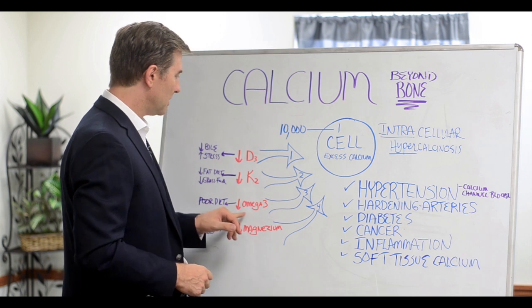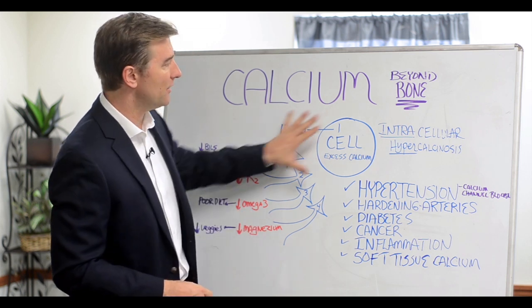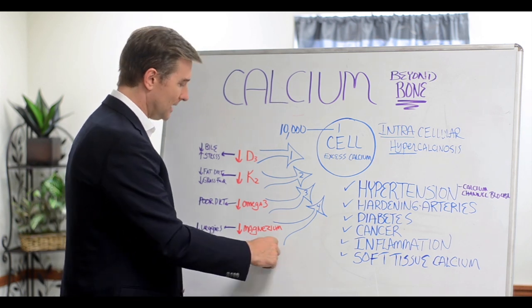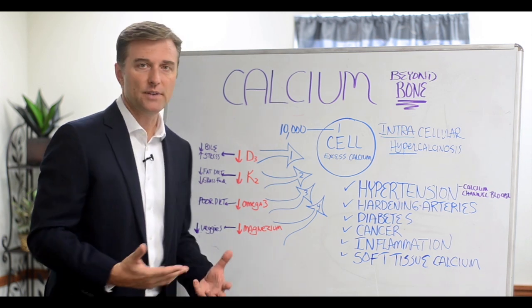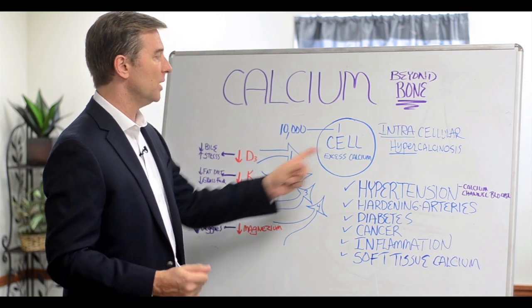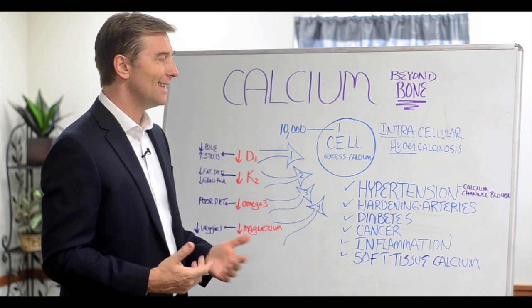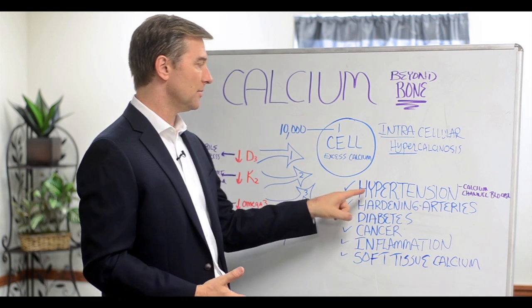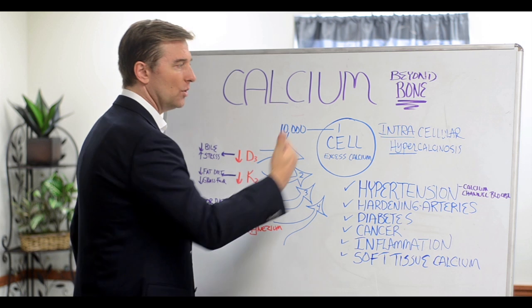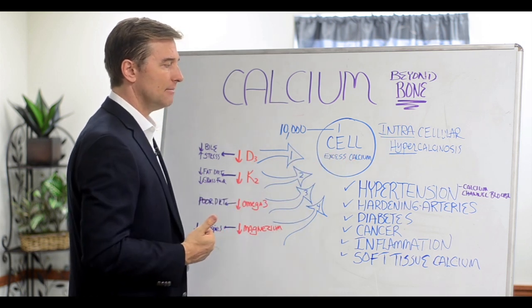If you're low in omega-3, you can have a problem with calcium transportation as well. And then low magnesium. You get magnesium from vegetables. If you're not eating vegetables, you might be low in magnesium. Boom, we get this excess calcium. So a lot of people take magnesium for these conditions right here, but now you understand why it works. This is why it works.